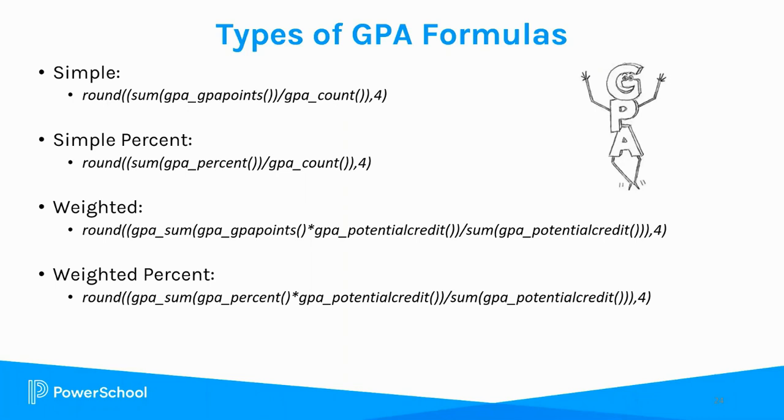Weighted is where we add in the potential credit as well. This is the language we're going to use, and this is what you're going to see in your system if you go to your district GPA calculations and then the methods. These names are going to match up with the GPA calculations that are provided by PowerSchool.